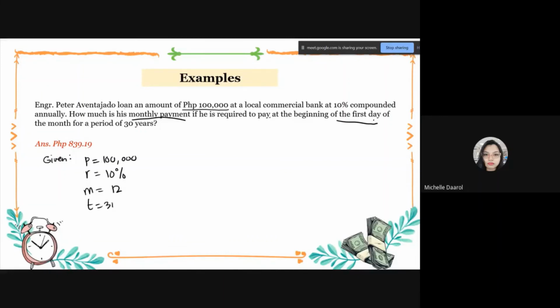So pila daw yung bayaran monthly, so we are asking for the annuity. Substitute lang gihapon sa formula. A plus A times 1 plus i raised to n minus 1 over i times 1 plus i raised to n minus 1. So, n here is 12 times 30. So, dako-dako na ni siya, no?